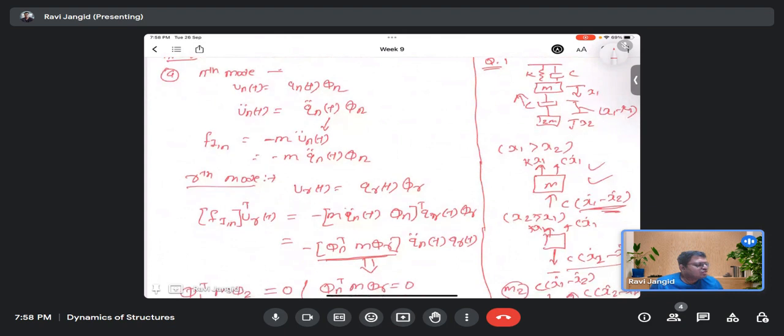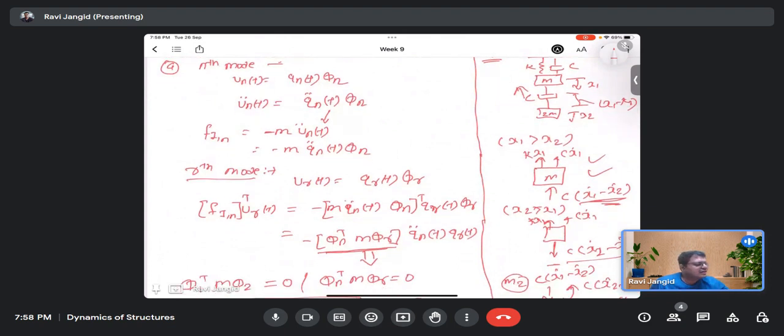If you look at this case, if you consider x1 is greater than x2, in the first mass, M, C, K all will be upward. The corresponding coefficients, mx double dot, c x dot, and kx, everything will be upwards.